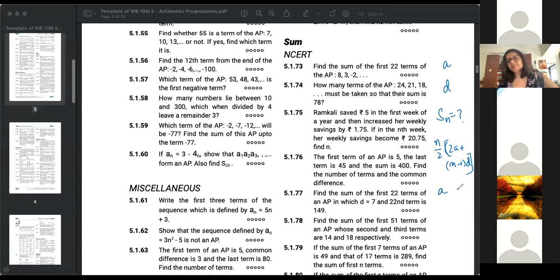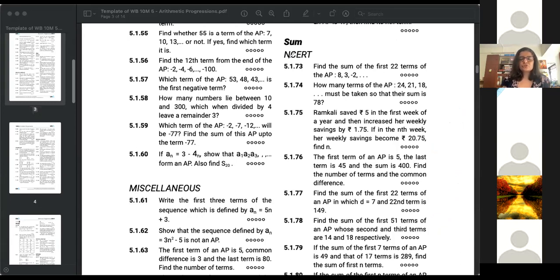If you have first term and last term, for sum of n terms, the sum of n terms will be n by 2 into a plus l. Awesome. Okay, that's great. So these are like the two major formulas. Agar beech mein aur koi variation aata hai, to we'll deal with that later.